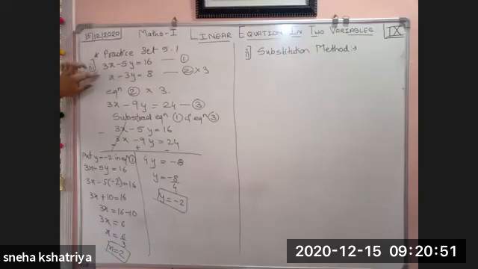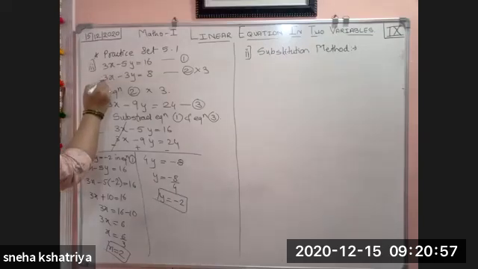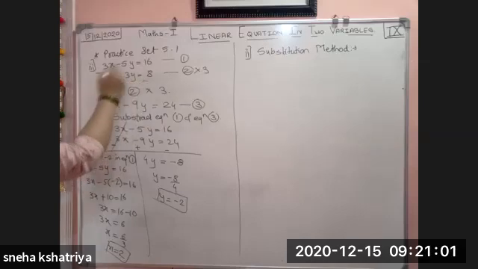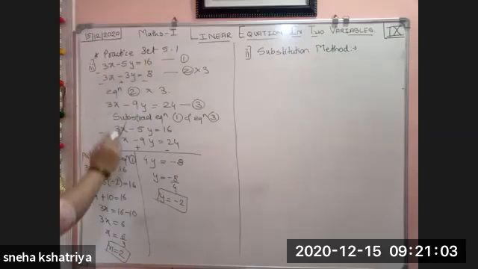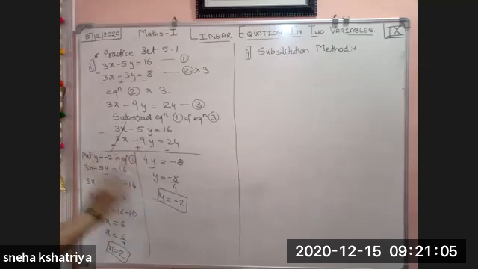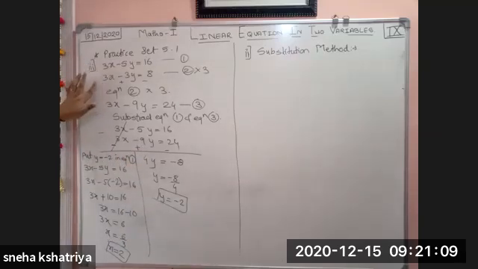So first we multiplied here by 3, then subtracted. After subtraction, all the signs get changed, and then we cancel the x. One factor x gets cancelled. We get the value of y, and from that y again we find out the value of x. So this is the elimination method.